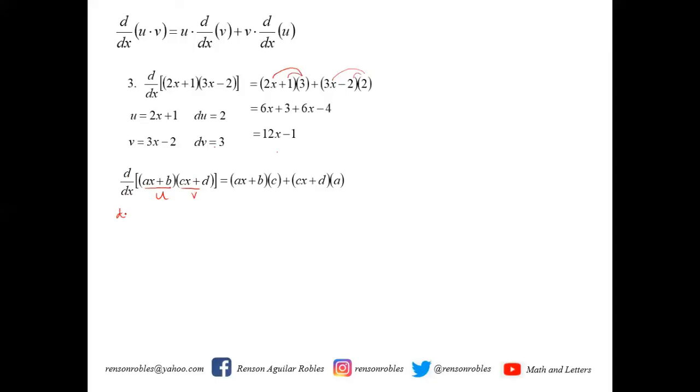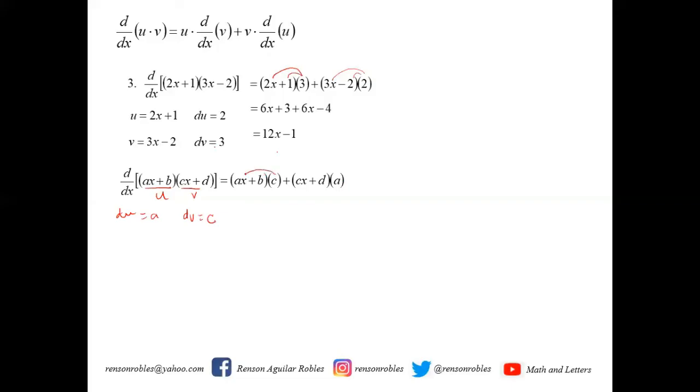And we shall know that the derivative of u is a and that the derivative of v is equal to c. So we shall have u, ax plus b, times the derivative of v, which is equal to c, plus v, cx plus d, times the derivative of u, which is a.